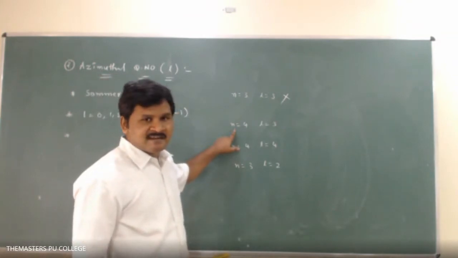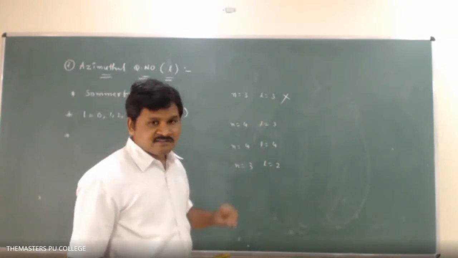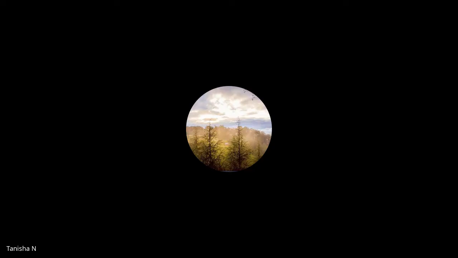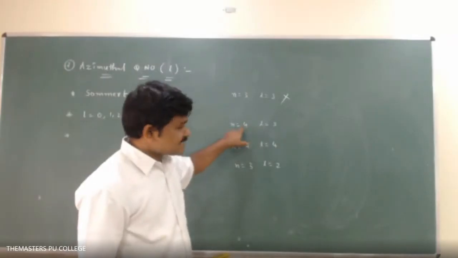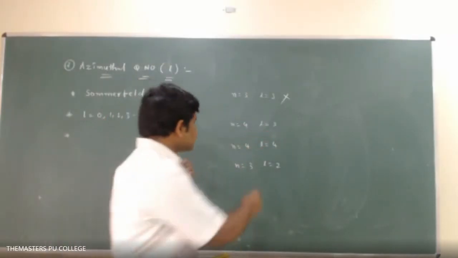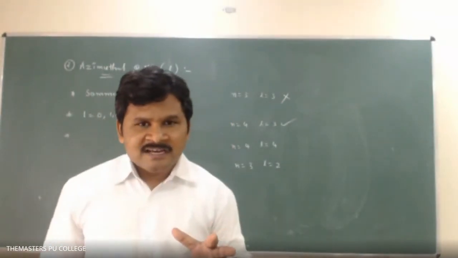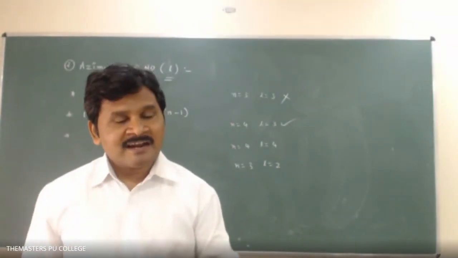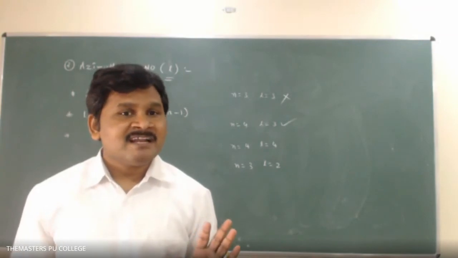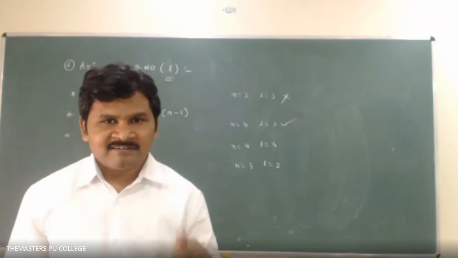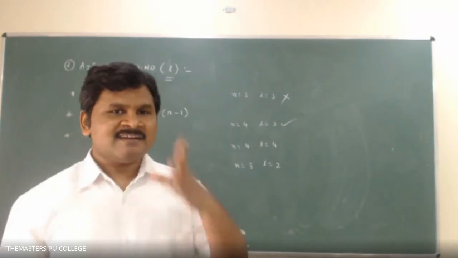See here, n is equal to 4 and L is equal to 3. Are they the same? No. L value is less than n value, so this is a possible set. Another condition is that L value is always less than n value.